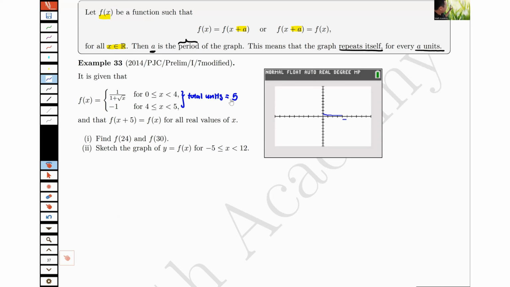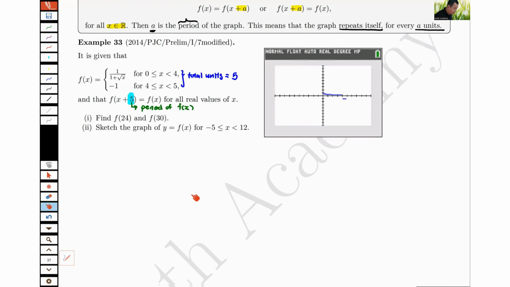So the graph has equations defined for the first 5 units, from 0 to 5. And in addition, when something like that happens, it's likely that they tell you f(x + 5) = f(x) for all real values of x. So what is this 5 referring to? This is the period of the graph, the period of your f(x) function.